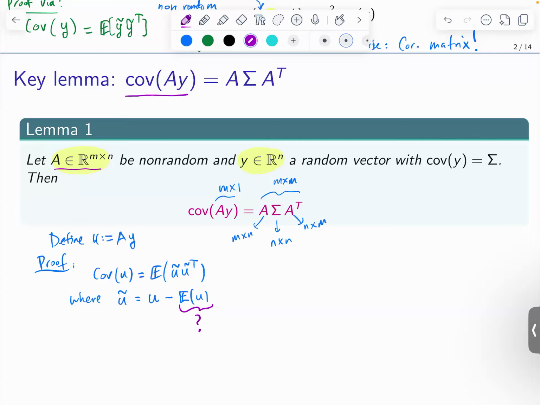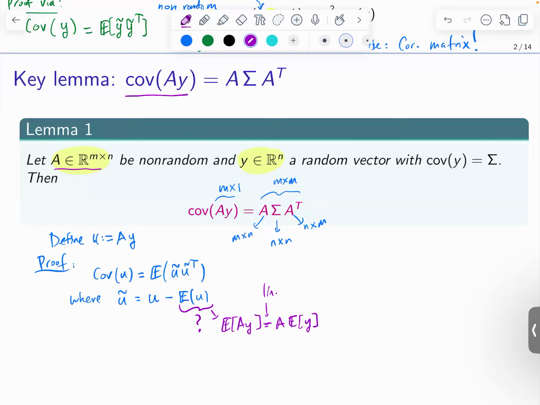Yes, the expectation of AY is A times the expectation of Y. And why is that? Linearity of expectation. Yeah. What was your name, by the way? Aiden. Okay, good.